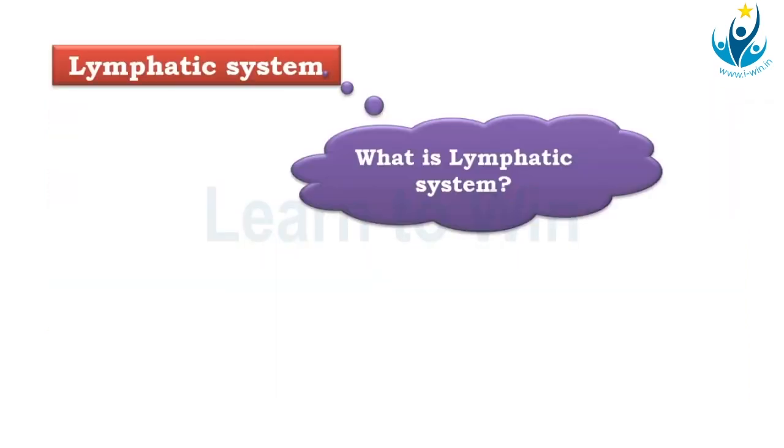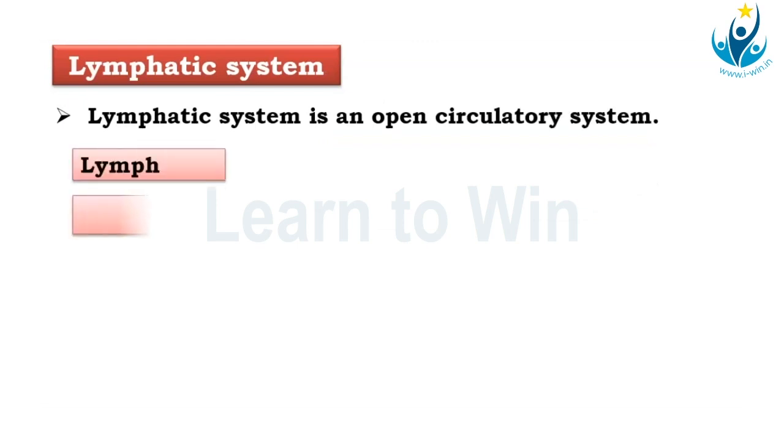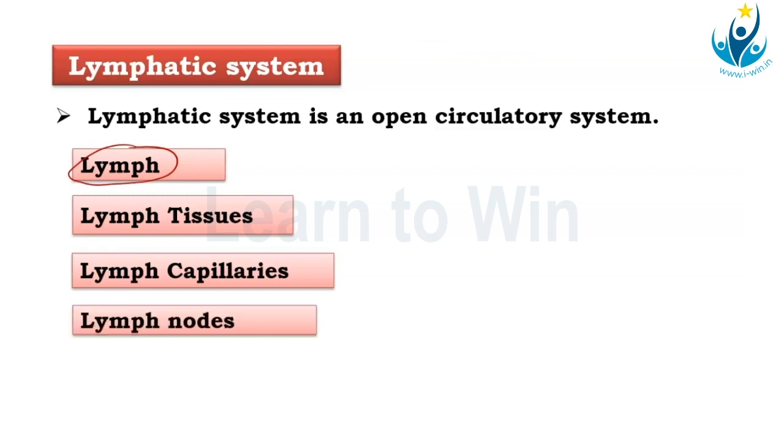Now, what is the lymphatic system? It is an open circulatory system which contains these particular parts: the lymph fluid, the lymph tissues, lymph capillaries, and lymph nodes.